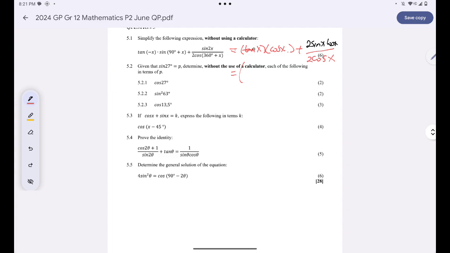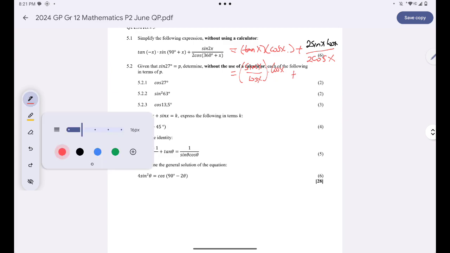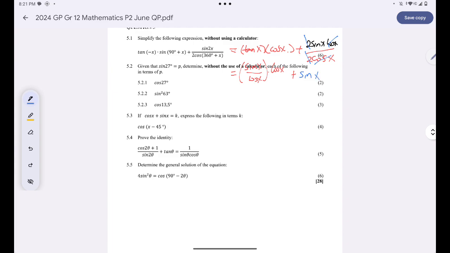Tan can be written as sine x over cos x multiplied by cos x, plus the cos can go with the cos here, and then the 2's can cancel one another. I'll be left with the plus sine x, and then this will go with this.